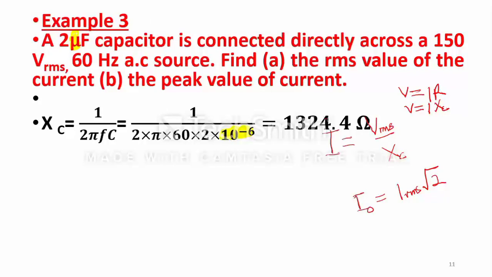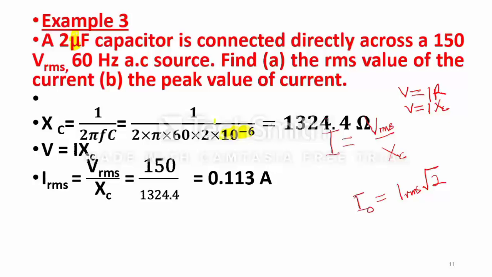If somebody says kilo, kilo means 10 to the power 3. Pico, giga, those are terms. So in this case, this is micro, 10 to the power minus 6. So you have to multiply the 2 by 10 to the power minus 6. When you do the simplification, you get this value, 1324.4 ohms.